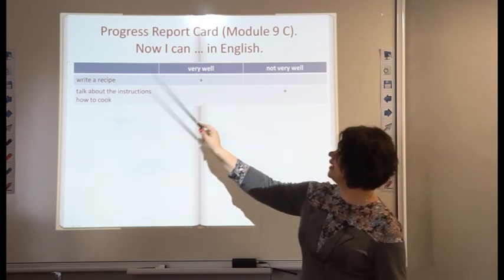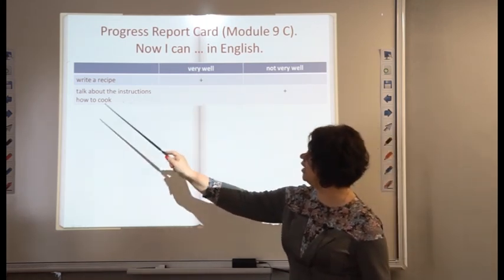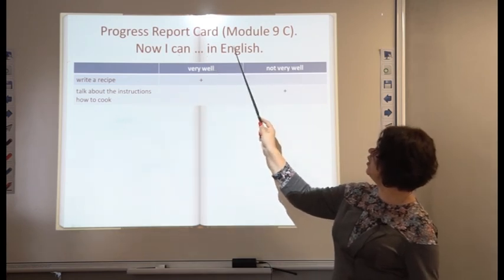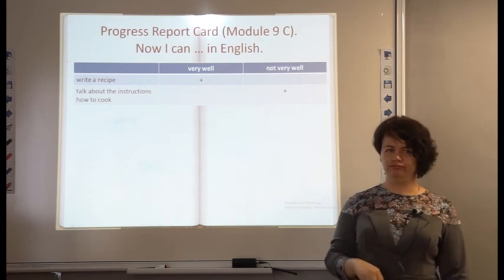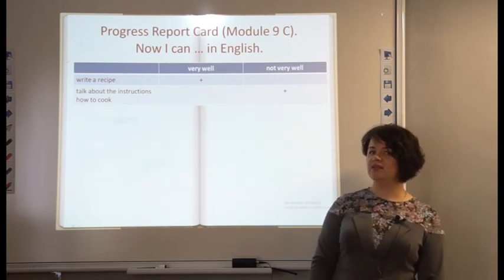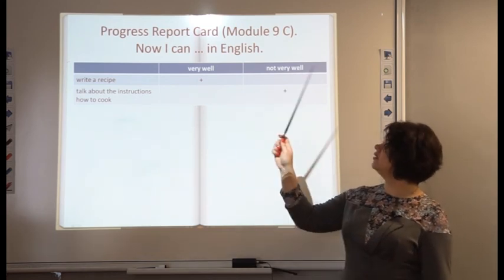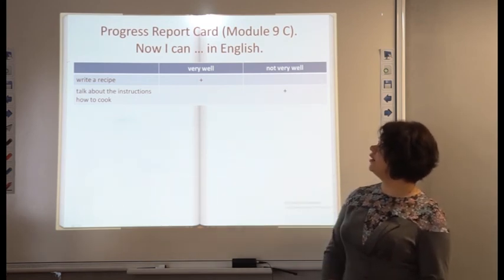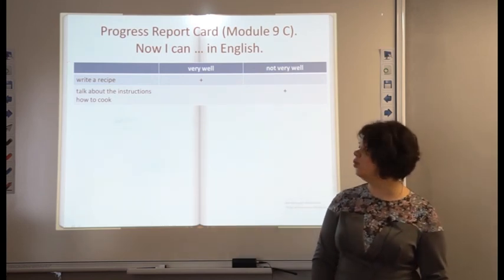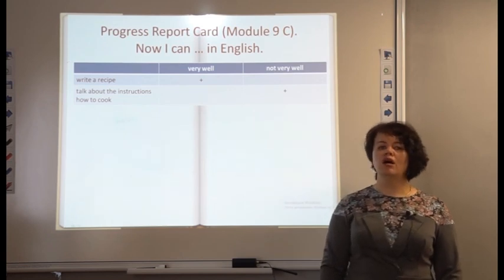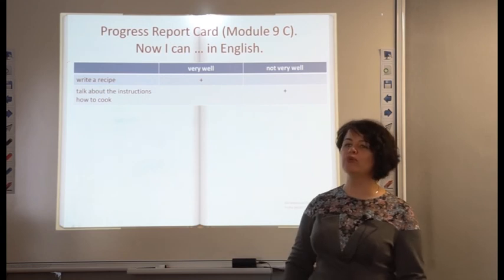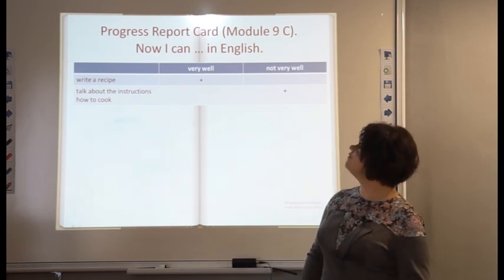Or now I can talk about the instructions how to cook very well or not very well in English. Now I'm sure that you can write a recipe of apple muffins in English very well, and you can talk about the instructions how to cook apple muffins in English very well.